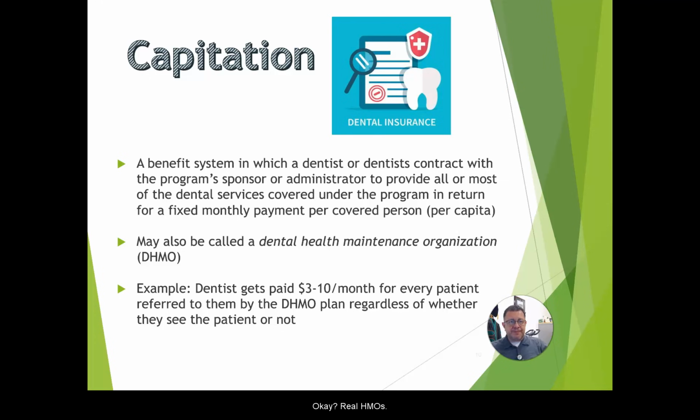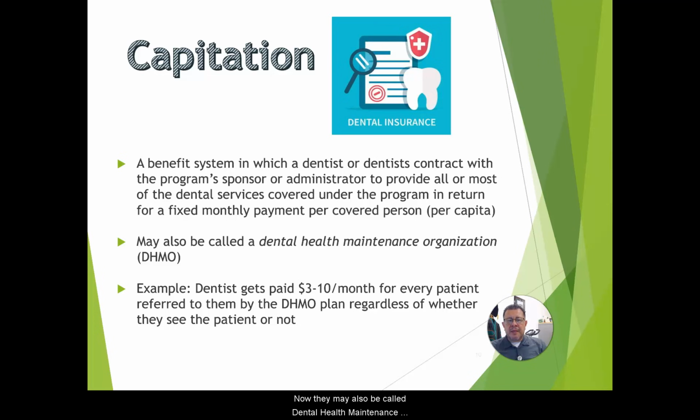Real HMOs. So, capitation, it's a benefit system in which a dentist or dentists contract with the program sponsor or administrator to provide all or most of their dental services covered under the program in return for a fixed monthly payment, okay, per covered person.